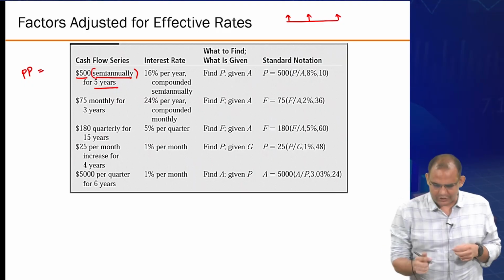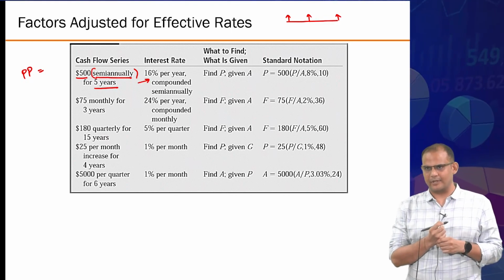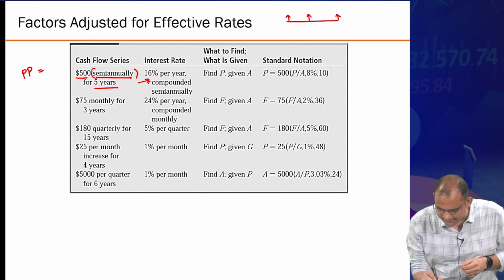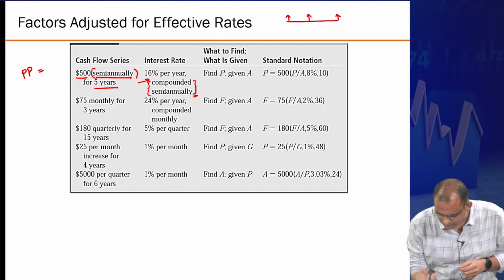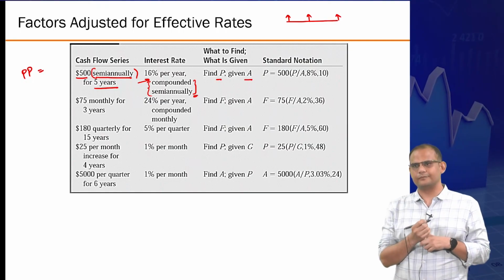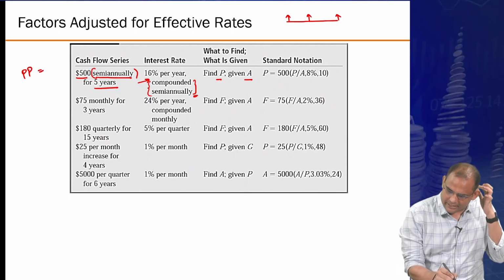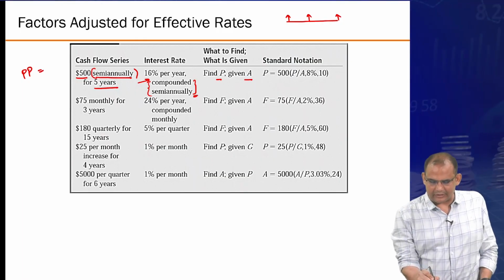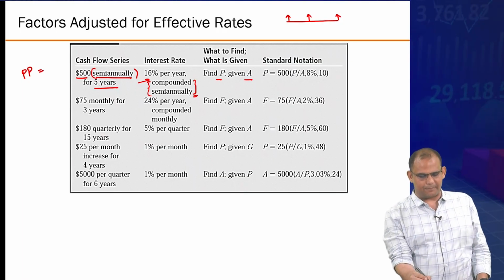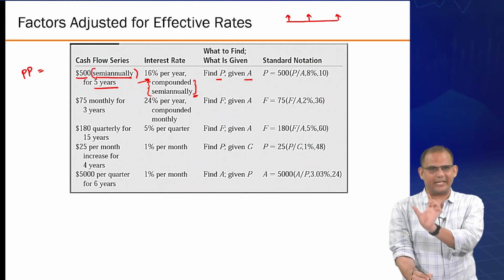Okay. So let's say I am giving you 16% per year, compounded semi-annually. Your problem is to find P given A. So since I am worried about semi-annual, I will convert this nominal rate, 16% per year compounded semi-annually, to a semi-annual effective rate.